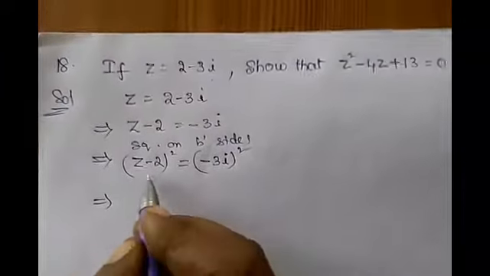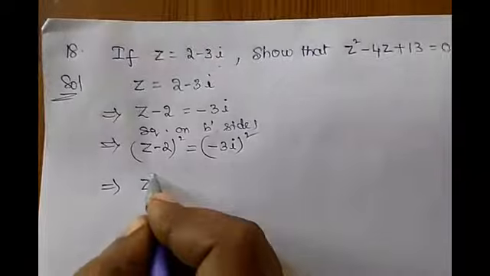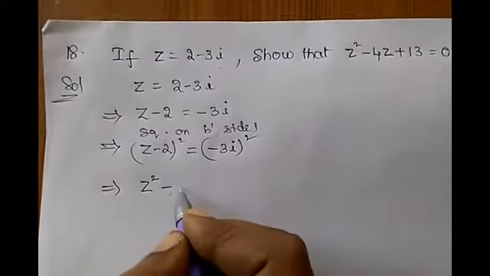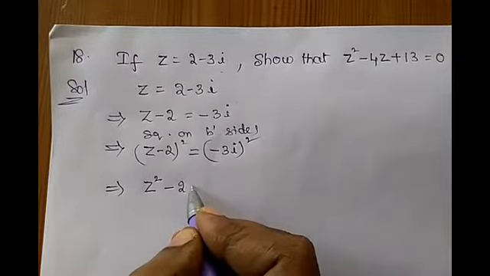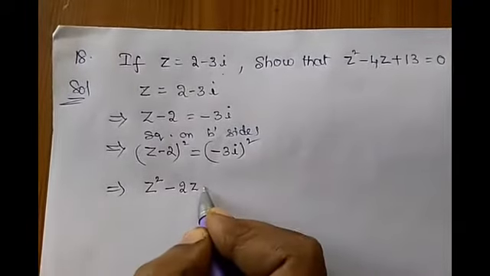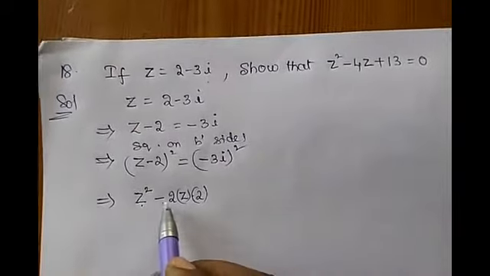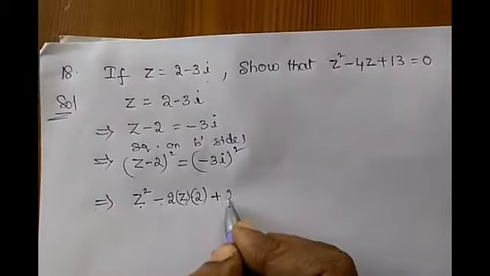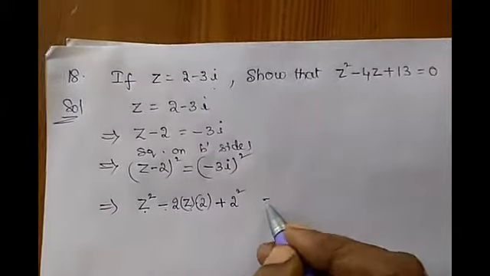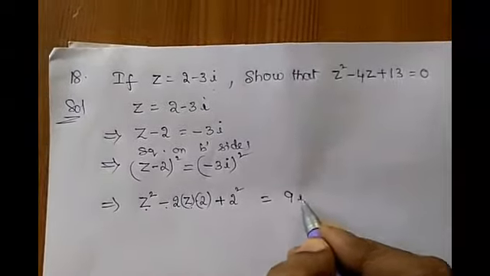That implies apply the (a minus b) whole square formula here. z square minus 2ab, that means 2 into z into 2, a square minus 2ab plus b square, so plus 2 square, that is equal to 9i square.